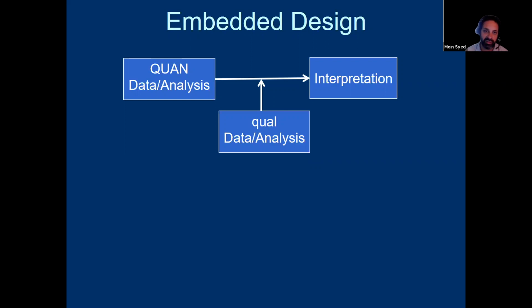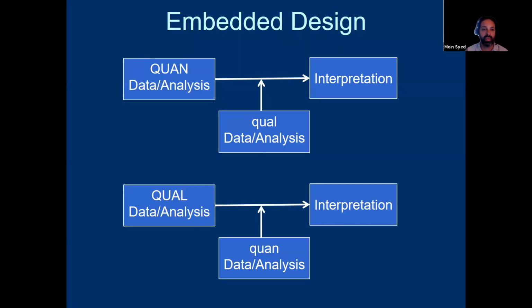A common criticism of this design is that the qualitative component seems tacked on or just added on, that it doesn't add anything of value beyond what's shown from the quantitative component. So in this kind of design, it's really important to articulate the role of the qualitative component, and to be clear about the added value of why it is useful to include the qualitative, which is meant to just supplement the quantitative.